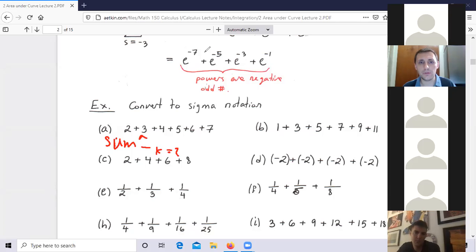It doesn't matter which letter you use, k, j, whatnot. It's just what you call a dummy variable, just an index indicating how the sum should be updated.